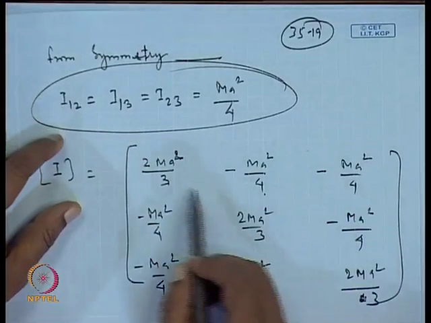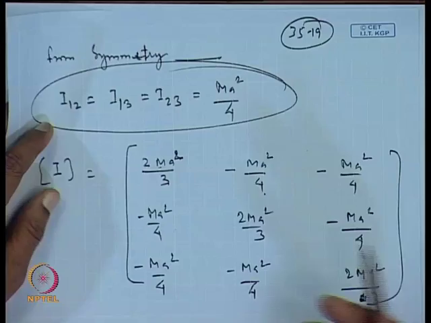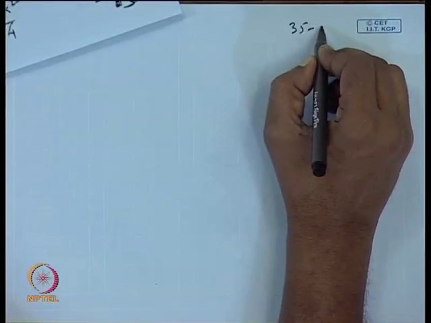Now, obviously, here you can see that m a square is common everywhere. So, for mathematical simplicity we can take this out as common.